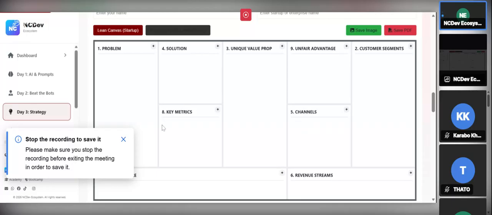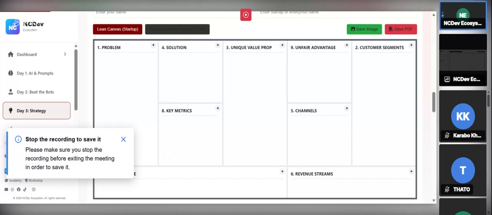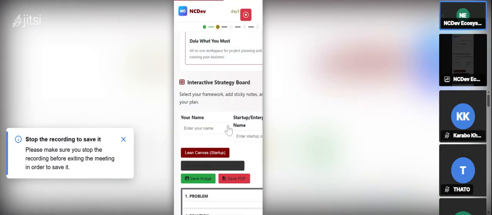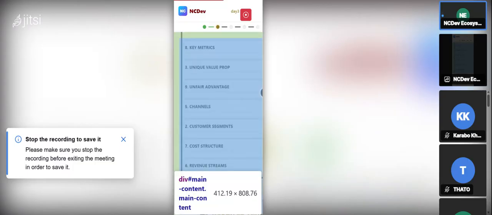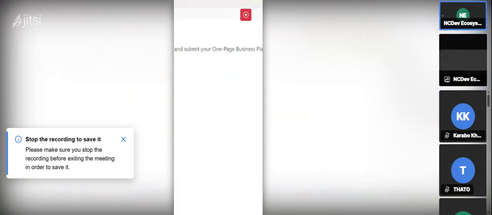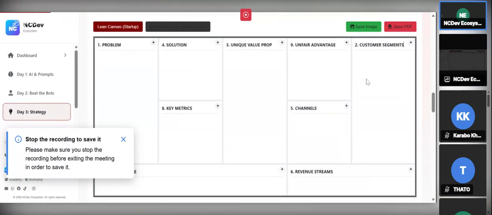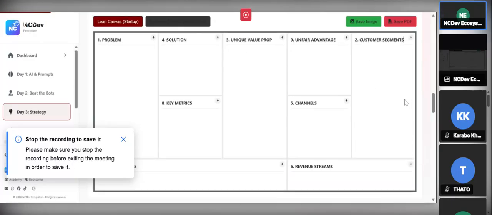On mobile, this strategy board would give you a different view, with the blocks underneath each other. But this is how it looks when you download it.